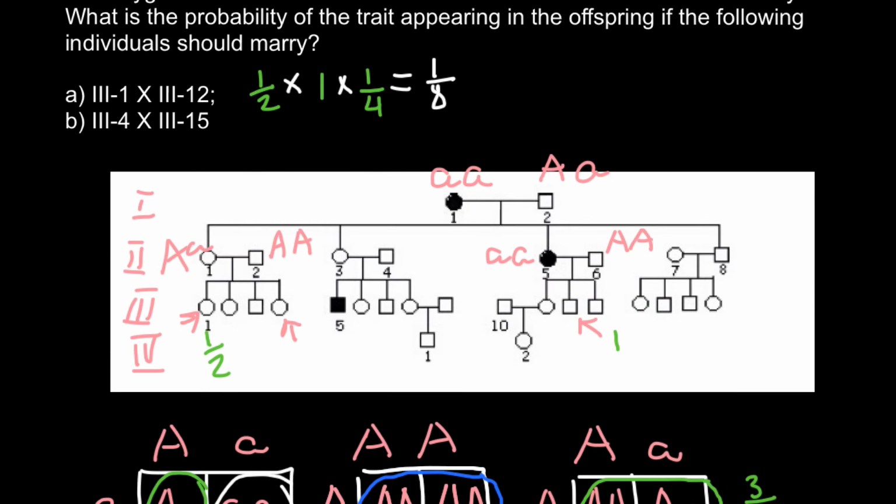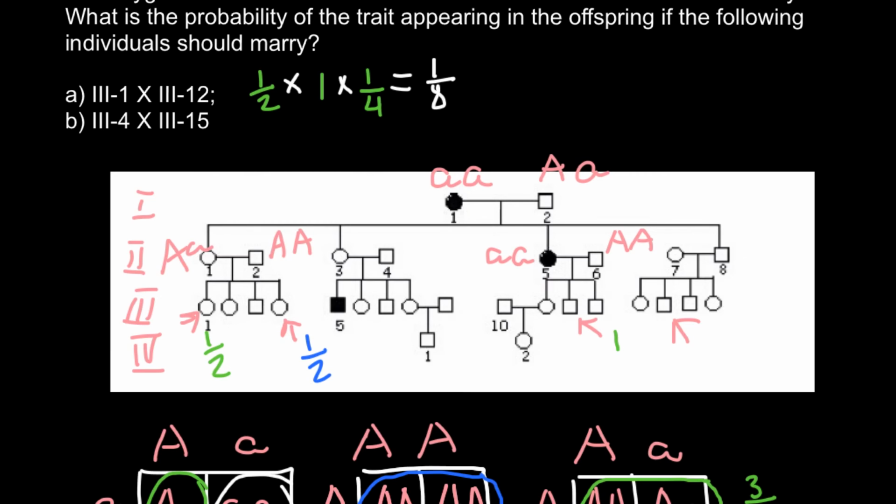So this person here. According to our previous findings, the probability that this person would be a carrier would be the same as for her sister, for all her siblings, and the probability would be 1/2.